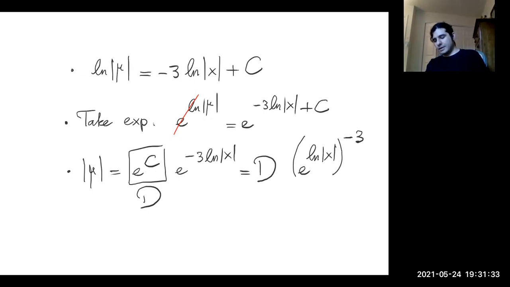Why am I doing that? Because I can see a little bit easier that e and ln are going to again cancel each other. Therefore, the right-hand side would be equal to d, and inside the parentheses I would have absolute value of x, and I still have -3 there.